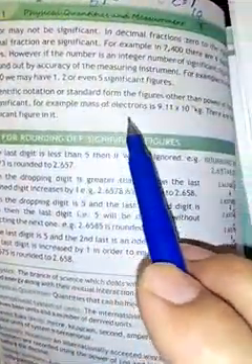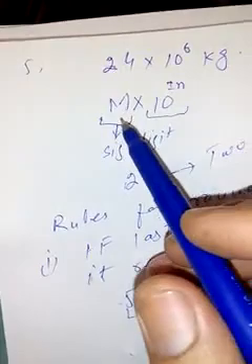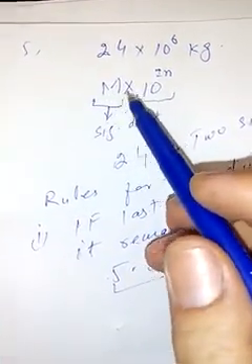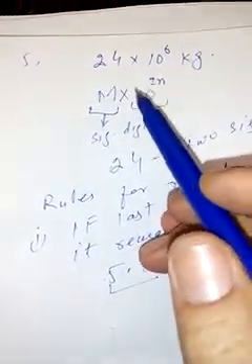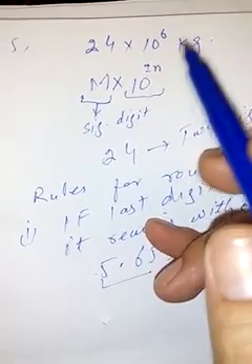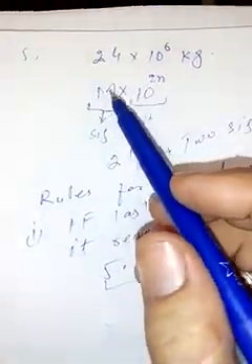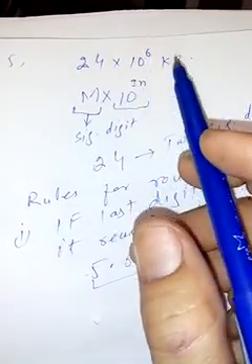In scientific notation or standard form, the figures other than the power of 10 are all significant. The general relation for significant digits is m into 10 power plus minus n, as we discussed in the previous lecture. So we take an example: 24 into 10 power 6 kg, a measured value. In this case, 24 is in the place of m, while the power of 10 is plus 6.